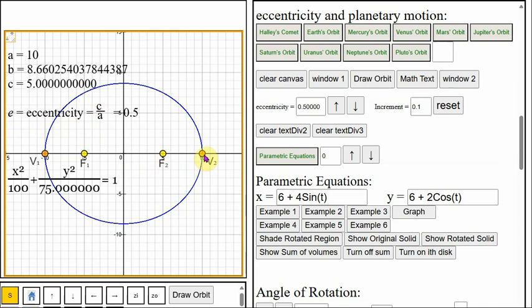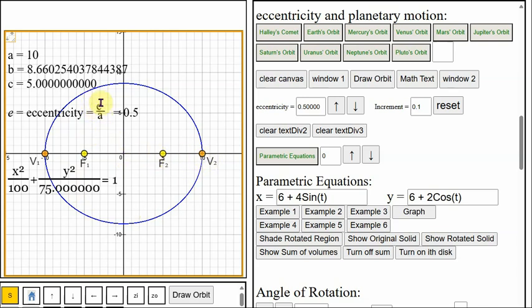0.5. And recall that for an ellipse, the relationship between A, B, and C is A squared is equal to B squared plus C squared. Now I want to make the eccentricity approach 1, and we'll see what happens to the shape of an ellipse, because C is always going to be less than A, because C is the distance from 0 to the focus, and A is the distance from 0 to the vertex.